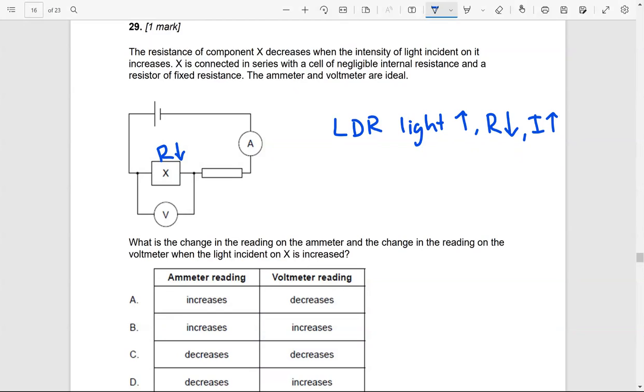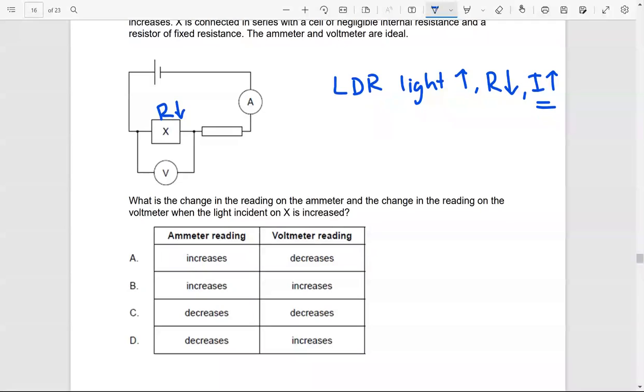Okay, so first of all, if we're increasing the light, I know for a fact the current in my circuit is going to increase. So it's one of these. And then in a potential divider, how it works is the ratio of the resistances is equal to the ratio of the voltmeters.